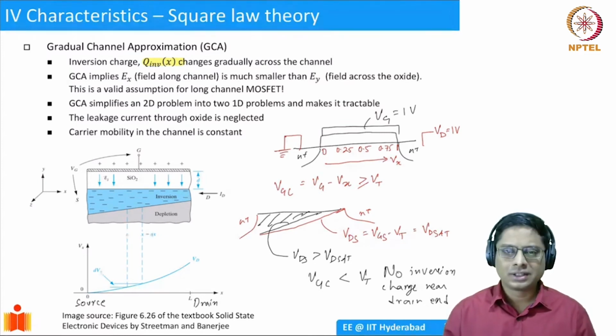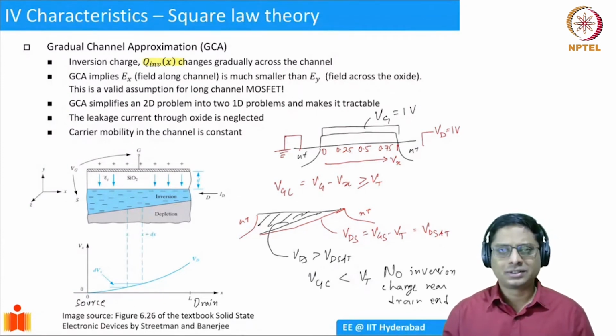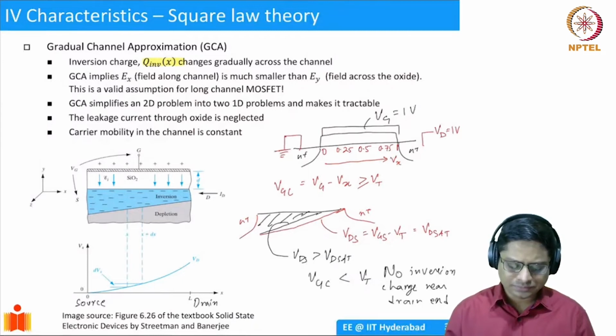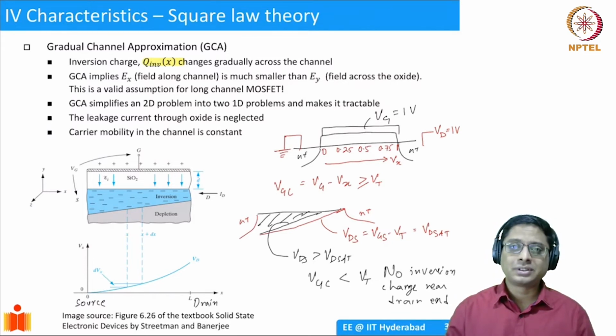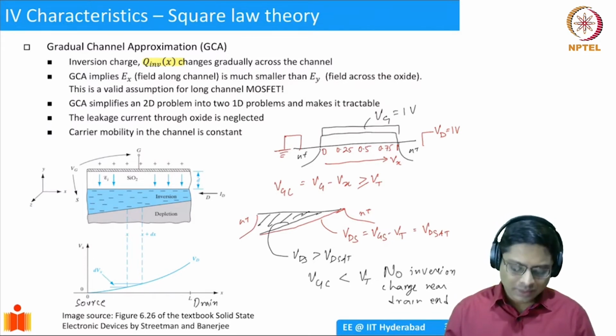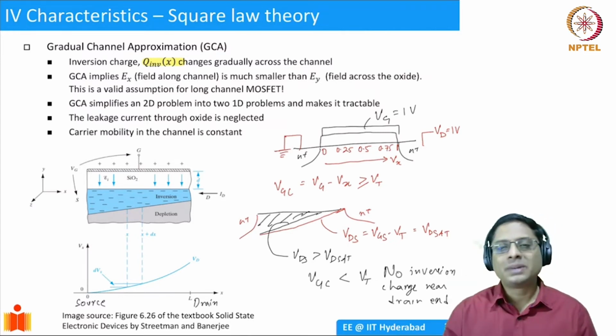We will discuss what is long channel and what is short channel down the line. But traditionally, the channel lengths were microns: 10 micron, 5 micron, 0.25 micron, and so on. We will discuss more about that. Also, we are assuming that there is no leakage from the gate oxide. That is an ideal silicon dioxide, an ideal insulator.